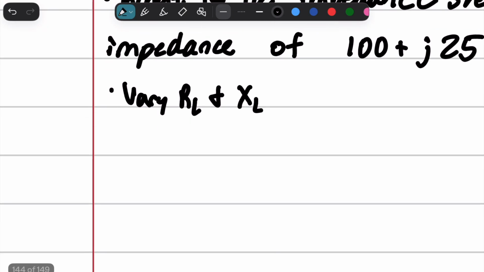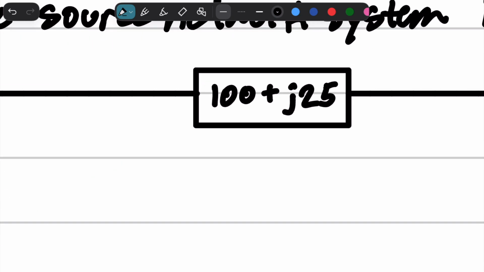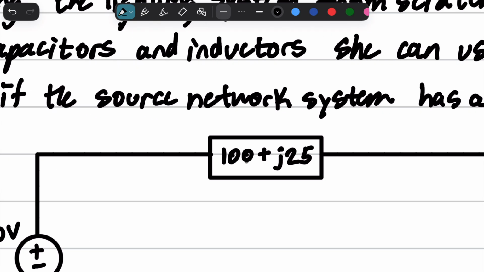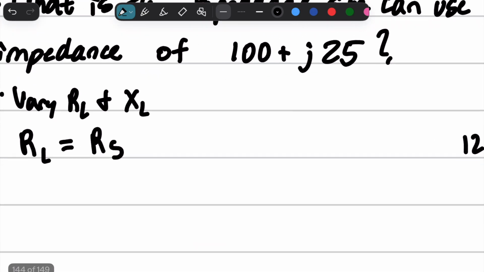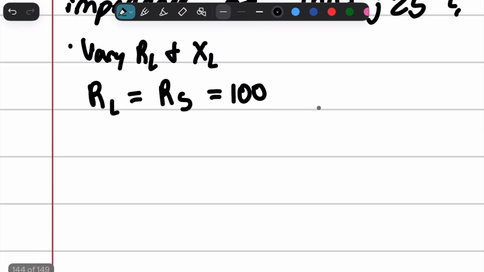And if that's the case, then we're going to use that RL is equal to RS, right, from our case 1 that we derived. And we know that the R of the network system that's going to be controlling these lights is 100. So we know that RL is going to be 100.